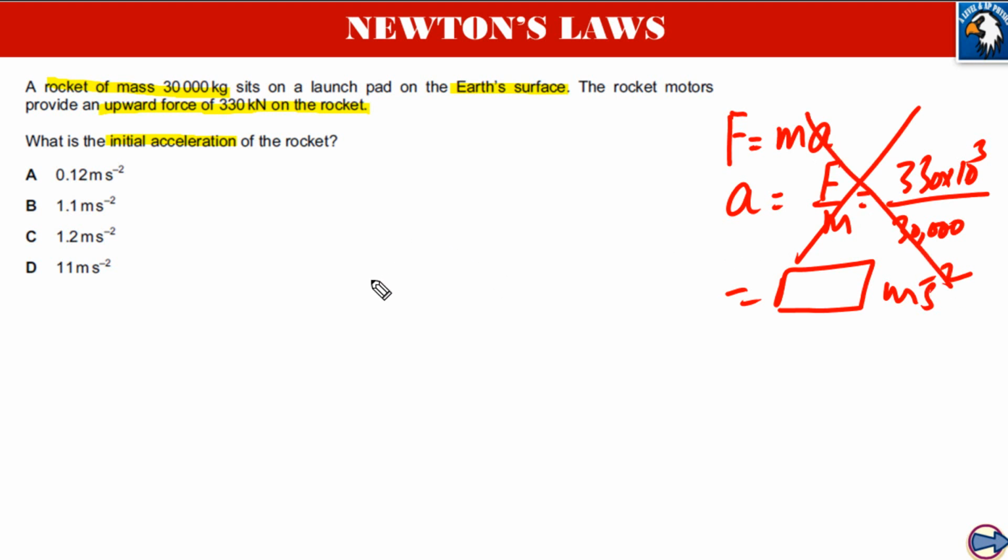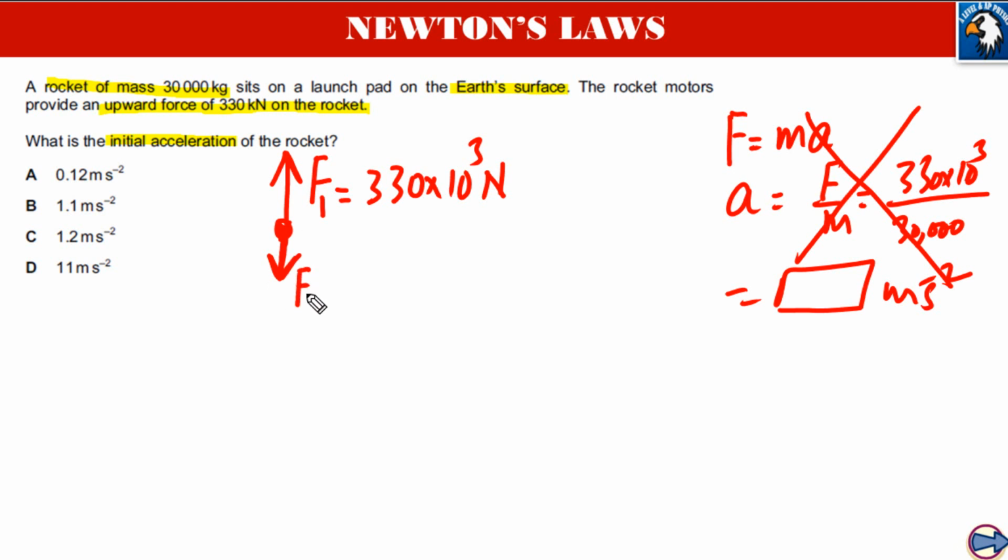The best way to answer this type of question is, first of all, to draw a free body diagram. In this case, one force is given that is acting up. That force we can say is F1. The upward force is given here. But we also need to understand that as the rocket has mass, there is also a force acting on the rocket due to the gravitational field, that is the weight of the rocket acting down.